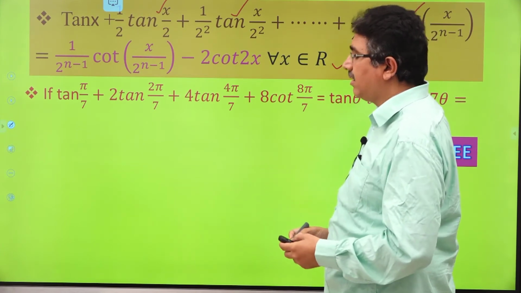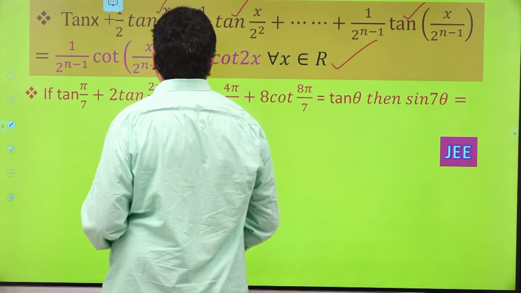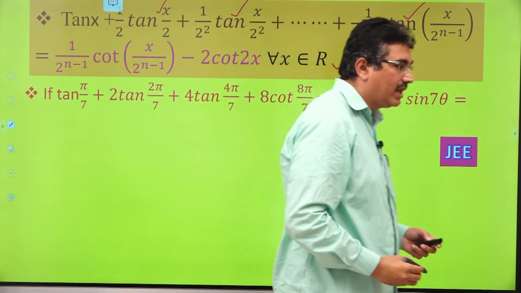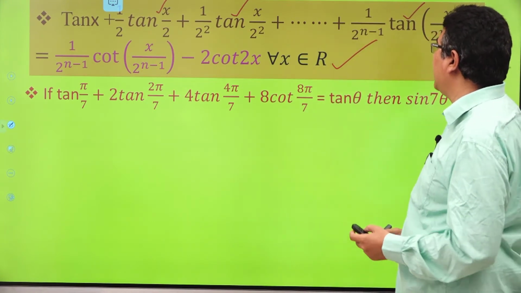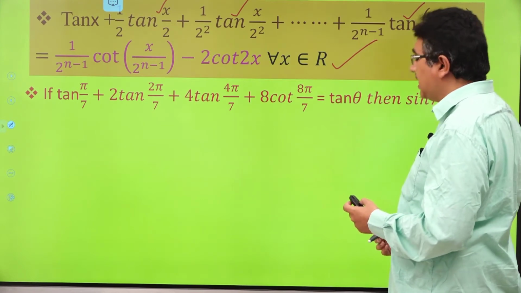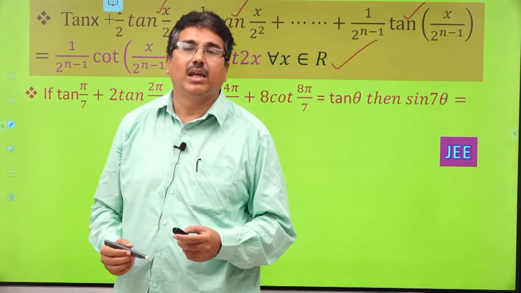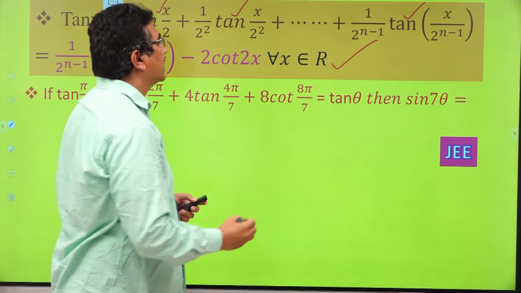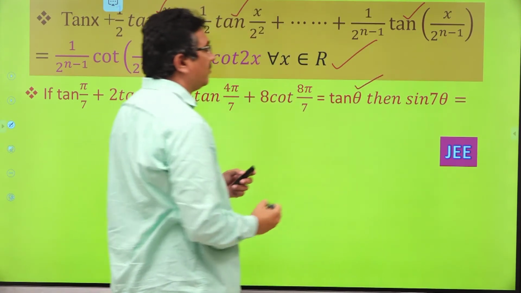If tan pi by 7 plus 2 tan 2 pi by 7 plus 4 tan 4 pi by 7 plus 8 cot 8 pi by 7 is equal to tan theta, then sin 7 theta is equal to, for finding sin 7 theta value, first we have to find the value of theta.